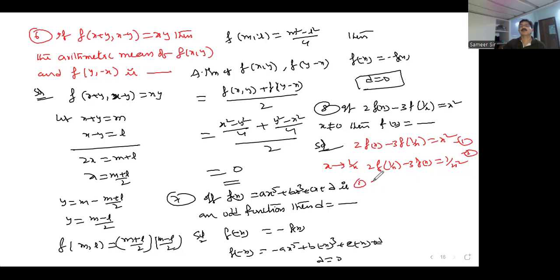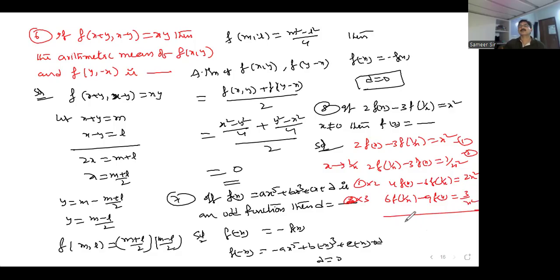I want to multiply 1 by 2, so 4f of x plus 6f of 1 by x equals 2x square. The second one, multiplied by 3: 6f of 1 by x plus 9f of x equals 3 by x square.